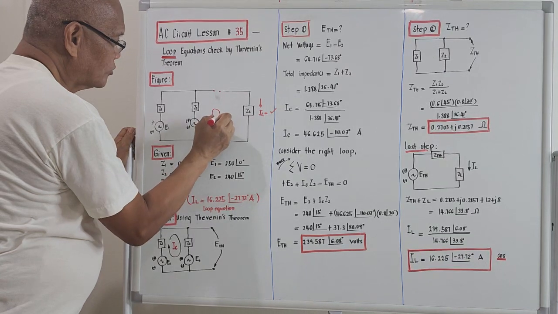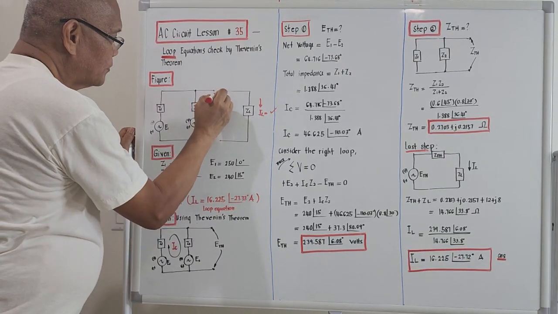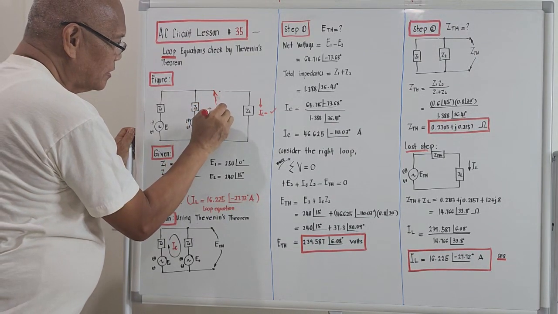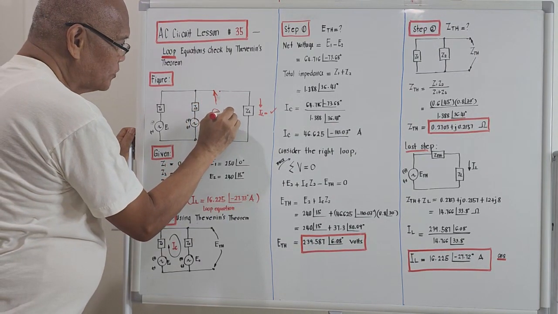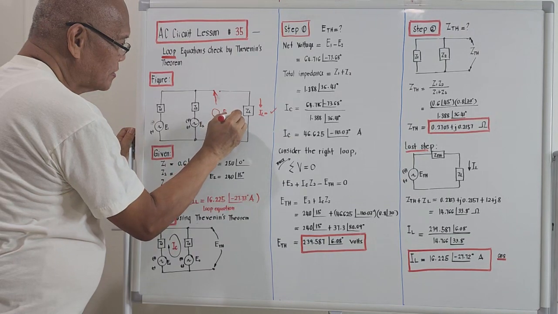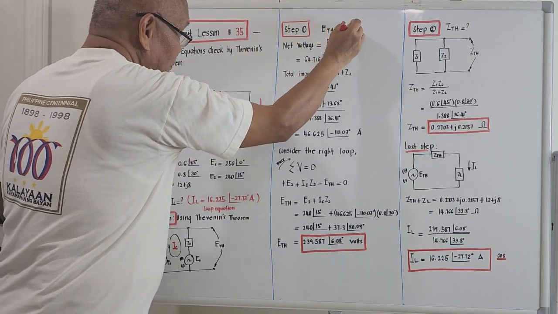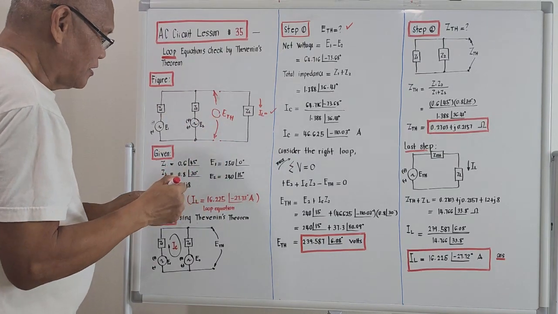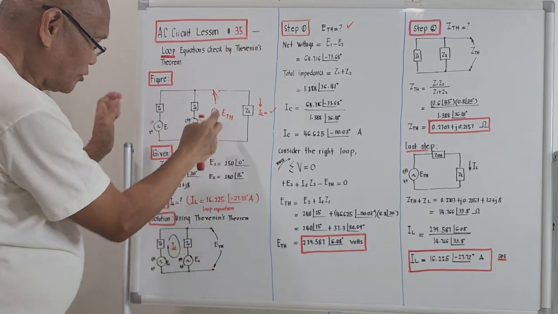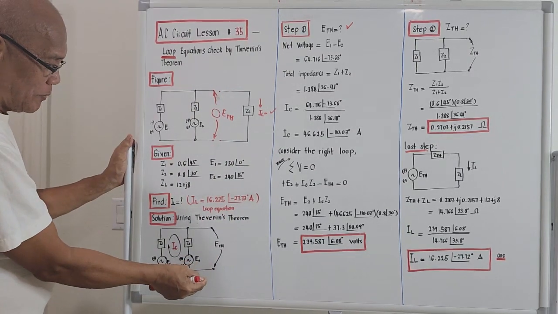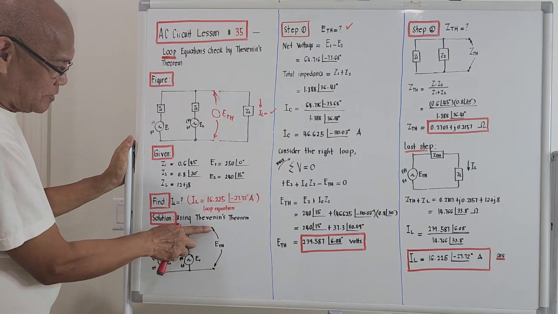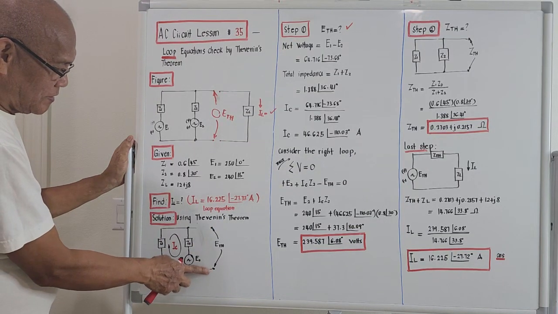Then we'll try to compute for the voltage across the terminal. This should be ETH, the open circuit voltage for Thevenin's theorem. So if we try to disconnect the load, the configuration will be this.